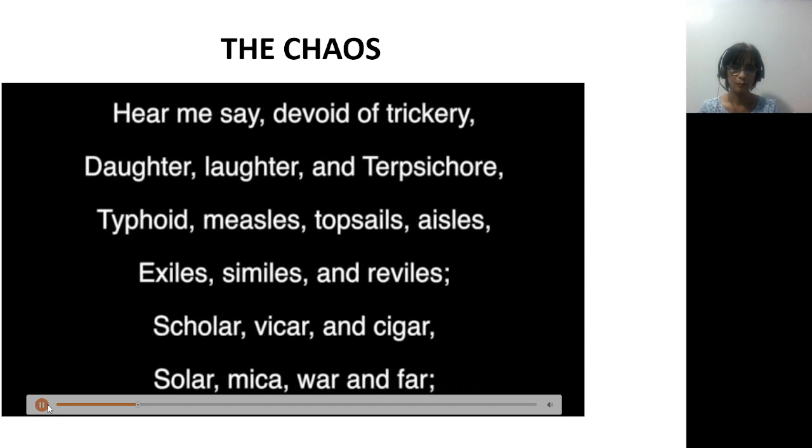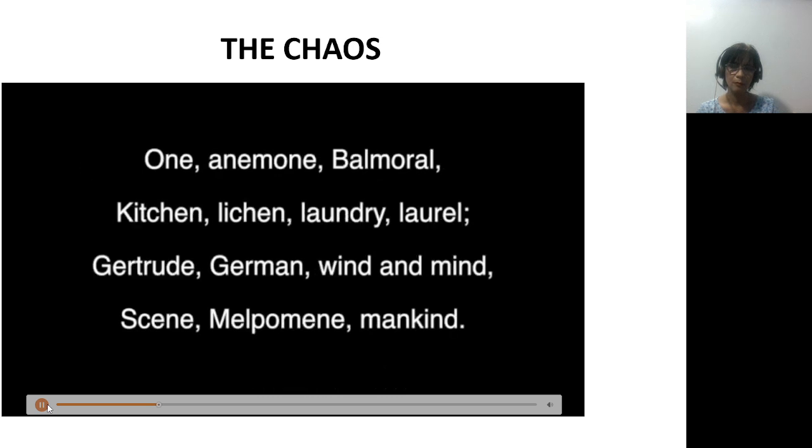Hear me say, devoid of trickery, daughter, laughter, and terpsichore, typhoid, measles, topsails, isles, exiles, similes, and reviles, scholar, vicar, and cigar, solar, mica, war, and far. One anemone, balmoral, kitchen, lichen, laundry, laurel, Gertrude, German, wind and mind, scene, Melpomene, mankind.